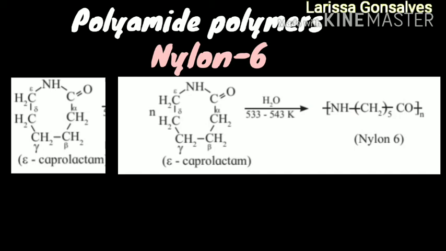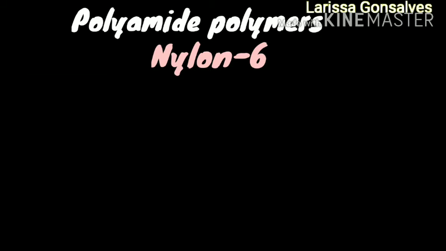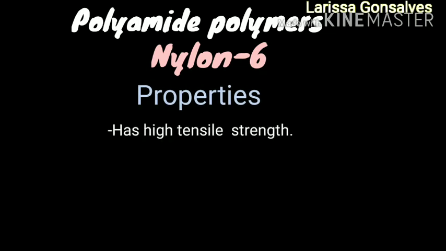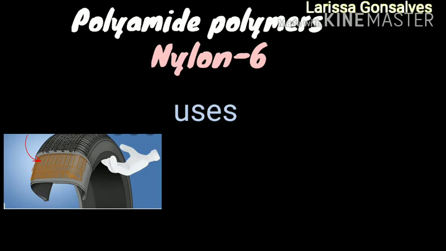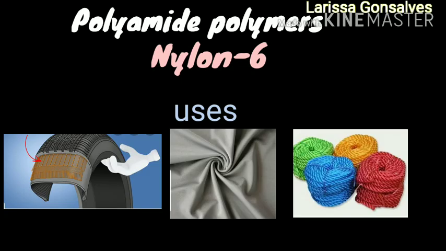Nylon 6 is called so because there are 6 carbon atoms in the monomer unit, which is epsilon caprolactam. Properties of nylon 6 are: it has high tensile strength, and also it has luster. Luster means shine. It is also used in the manufacturing of tire cords, fabrics and ropes.